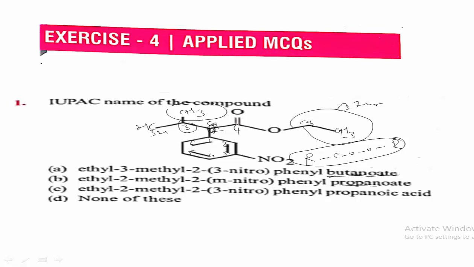In that benzene ring, third carbon atom contains nitro group. Therefore, they write like this: second carbon atom in that 3 nitro phenyl group, because this one is the benzene ring. Is it right? Yes. Therefore, phenyl butanoate. It is the IUPAC name.